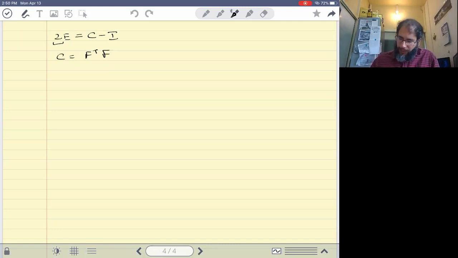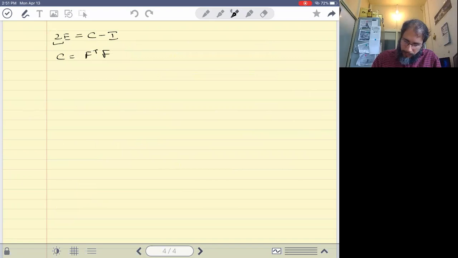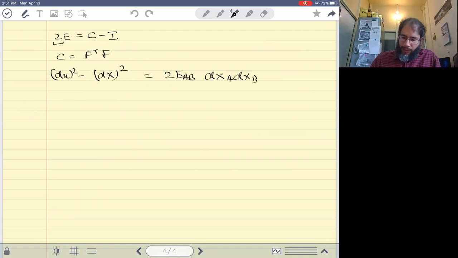All right. So if I go back and see the first step and the last step, then this quantity, which is d small x squared minus d capital X squared, is finally written as twice EAB dXA dXB. So I'll write that again. Okay, so we can rearrange the terms.